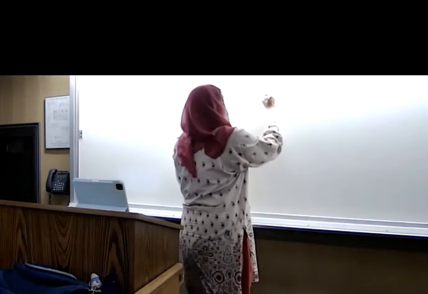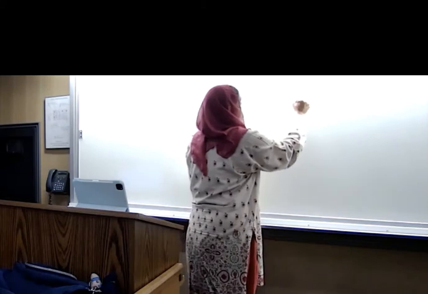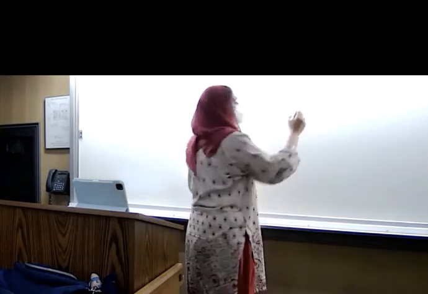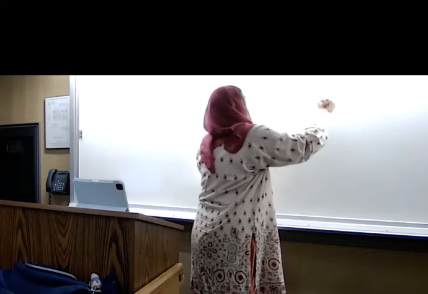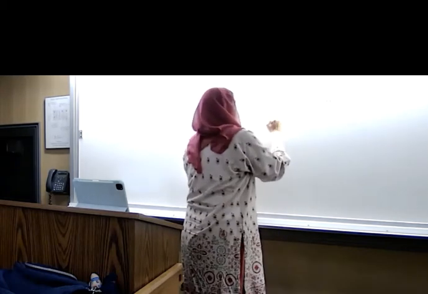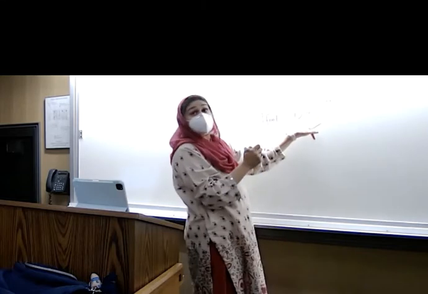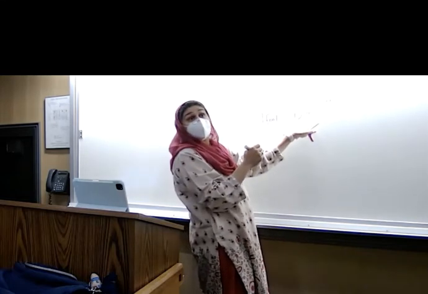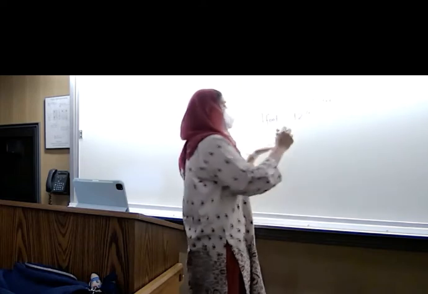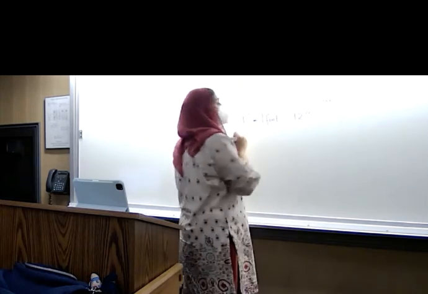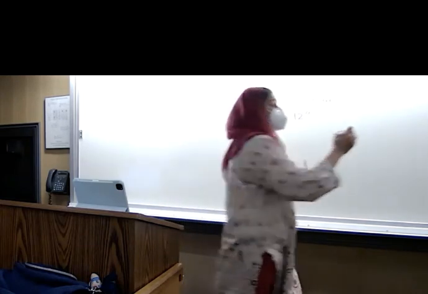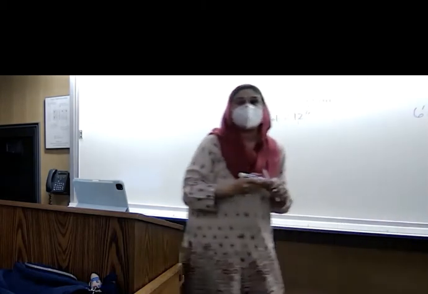So the important one is 1 inch is 2.54 centimeters, and 1 foot is 12 inches. Everybody knows this is inches, right? The two dots. And if I want to write 1 foot, it's this. So if somebody's 6 foot 2 inches tall, this is how you would write that.